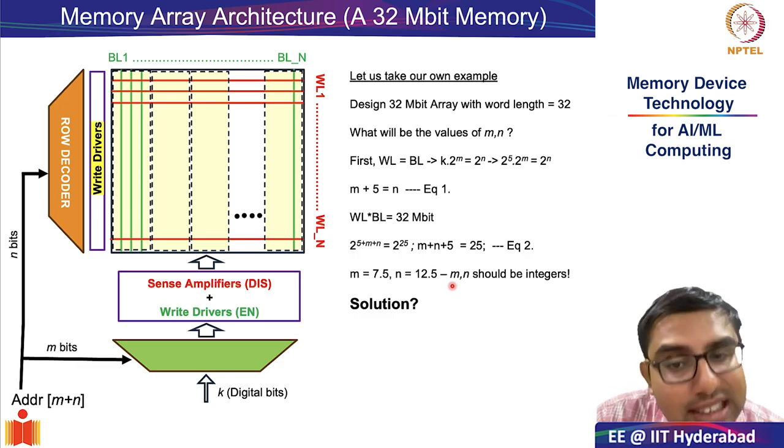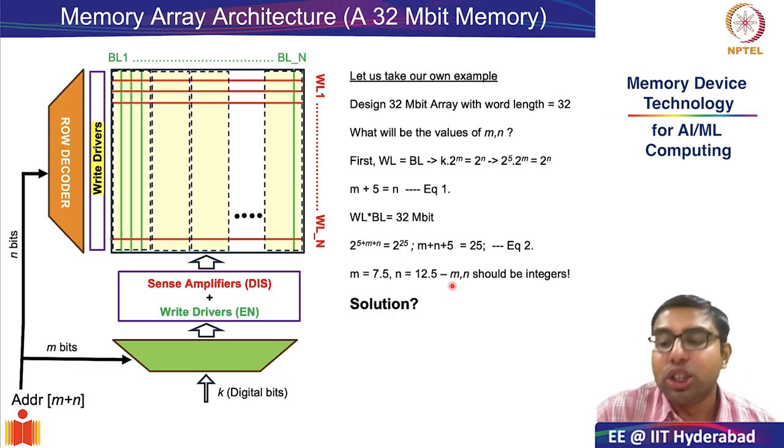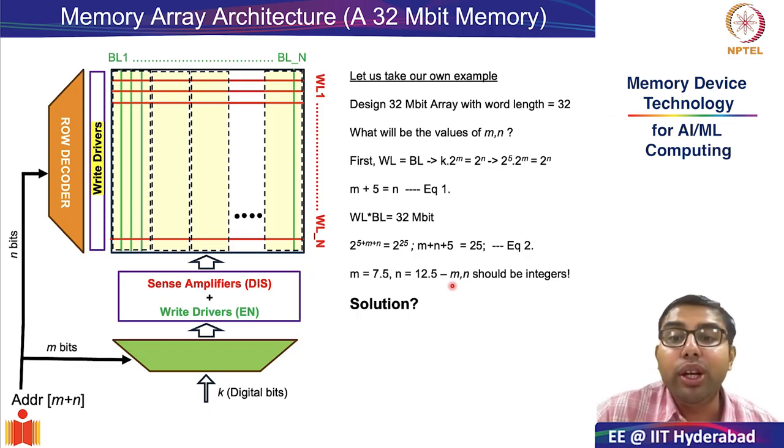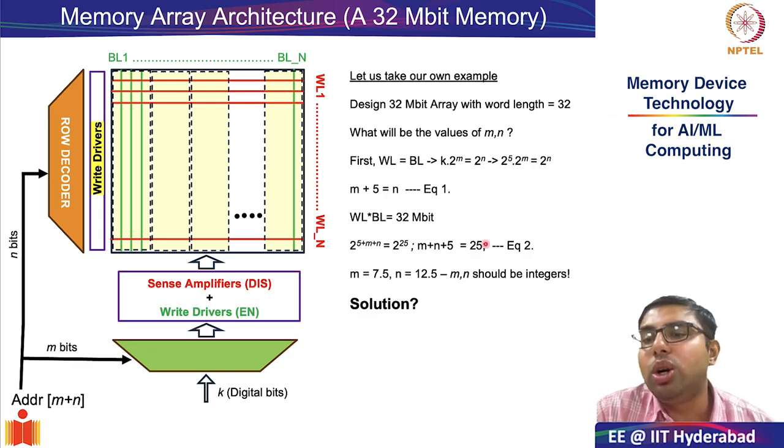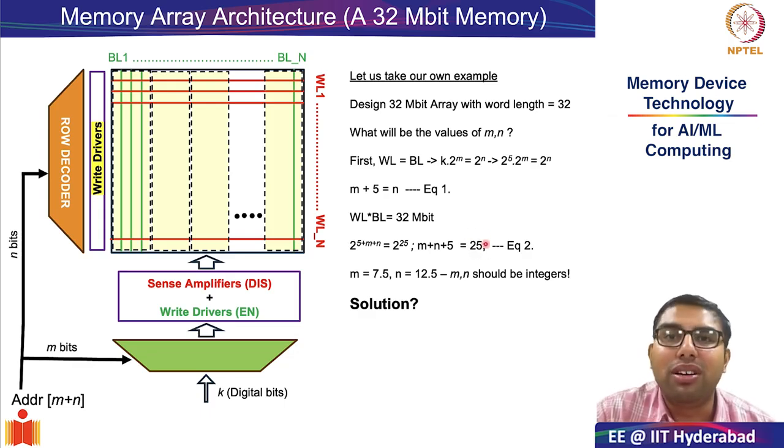So what could be the solution? I would like you to just pause the video and think for a while. The best solution that can come to mind is this. The reason why we were getting these non-integral values is because the value on the right hand side of equation 2 was an odd number.